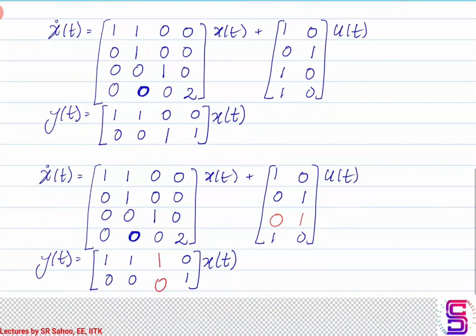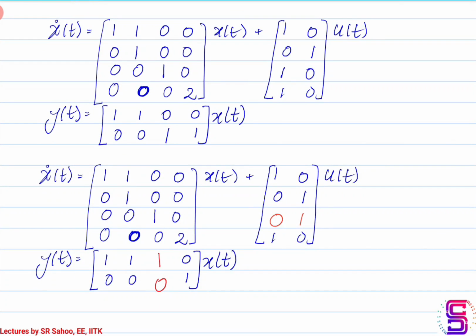So if you consider this system, which is a 4 cross 4 system, this is already in the Jordan canonical form.